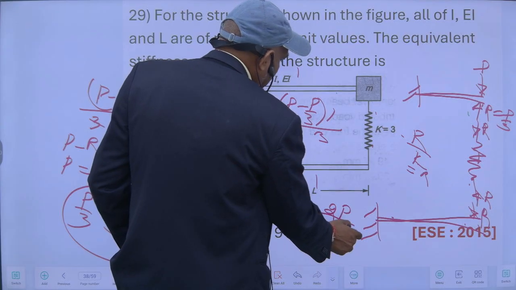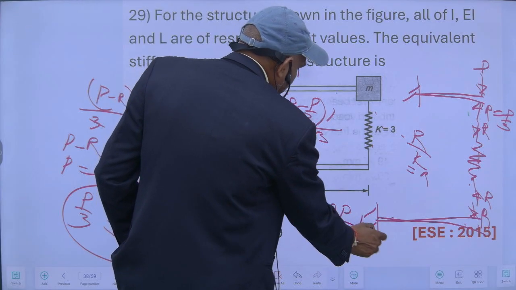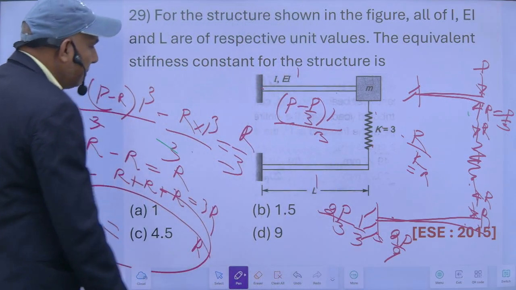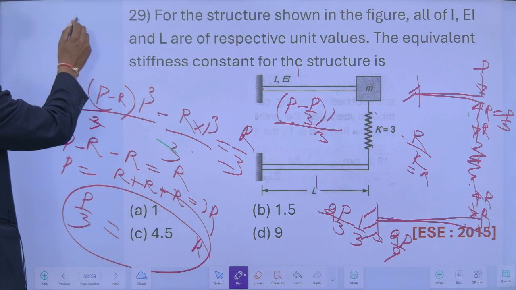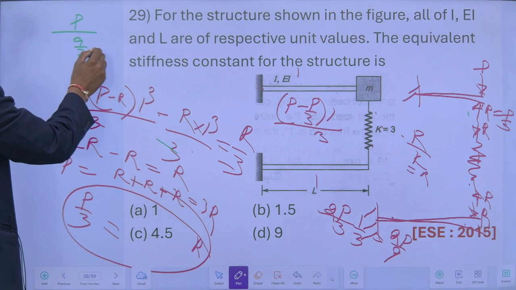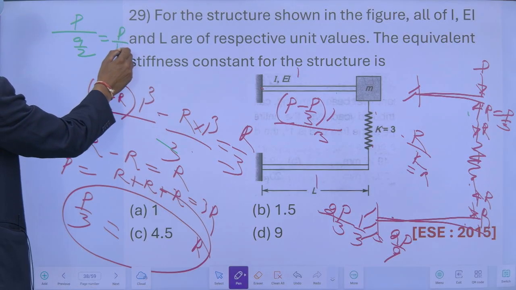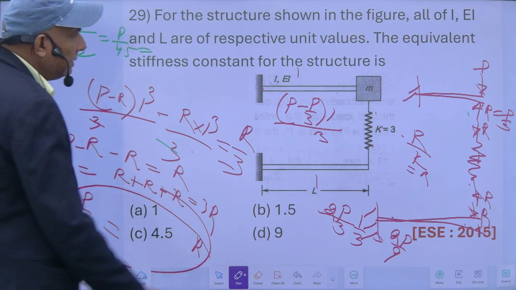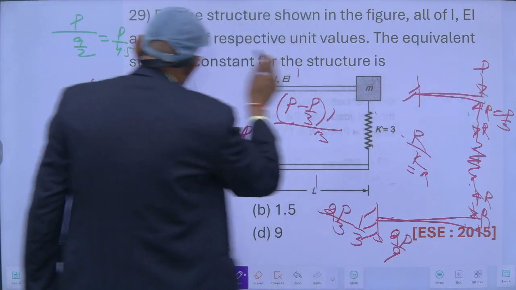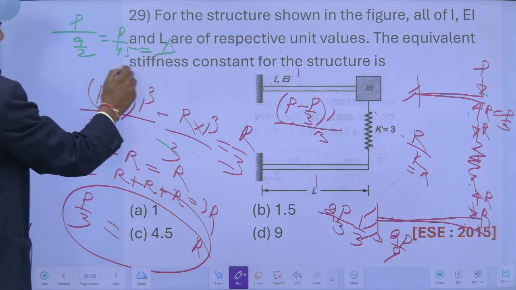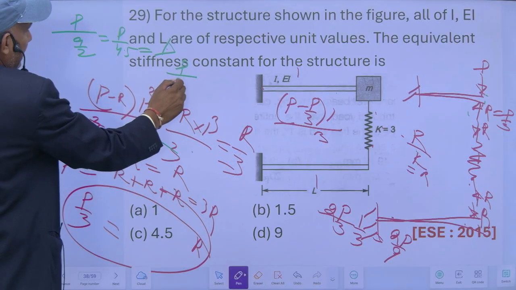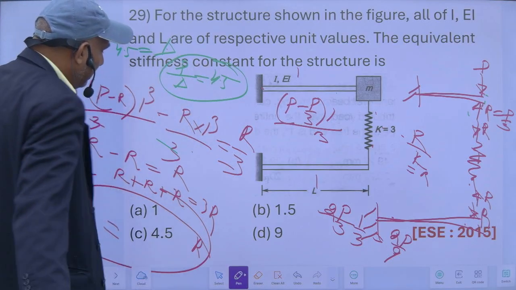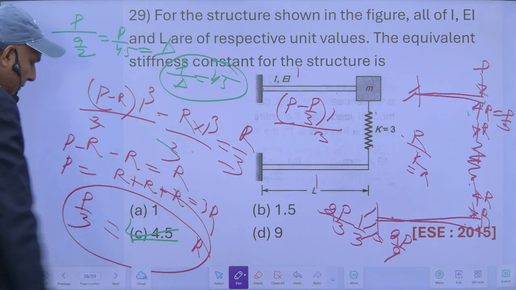So it will be 2P upon 9. So 2P upon 9 means P upon 9 by 2 is equal to P upon 4.5. And this is the deflection at this point, delta. So this load P upon this deflection delta is nothing but the equivalent stiffness. This will be 4.5.